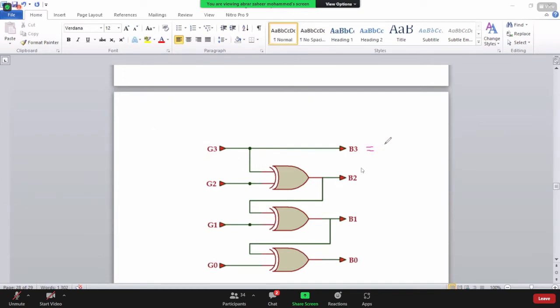So here B3 is equal to G3. B2 is equal to what? G3 XOR G2.